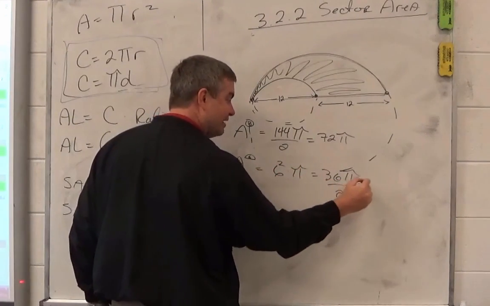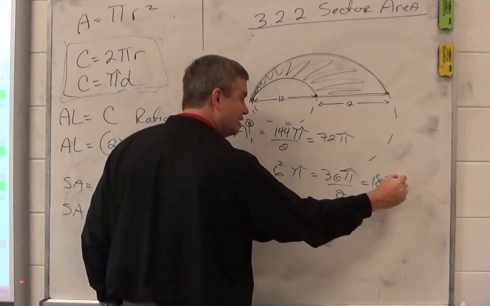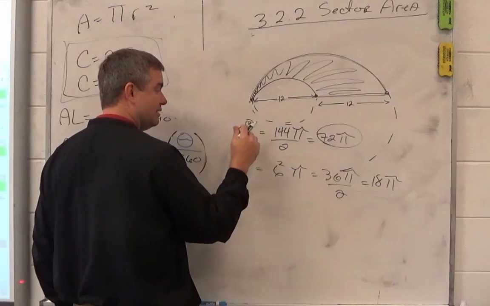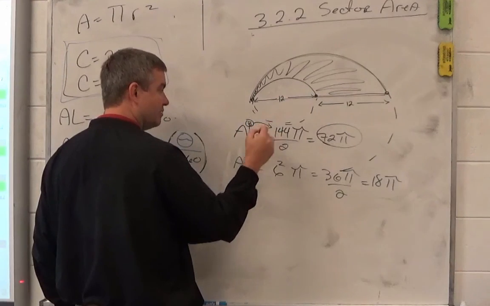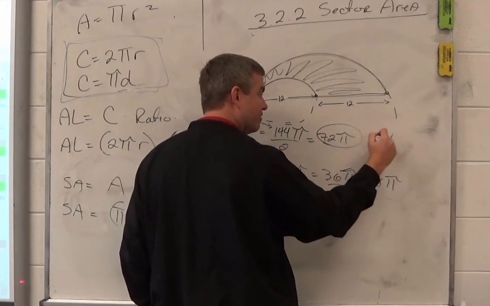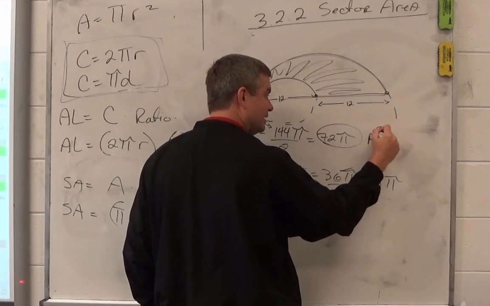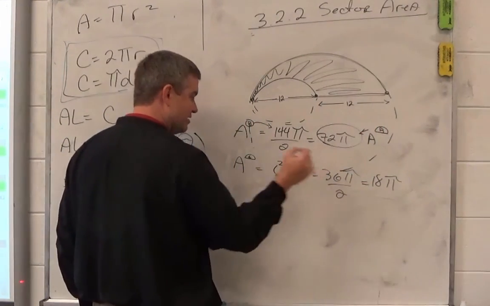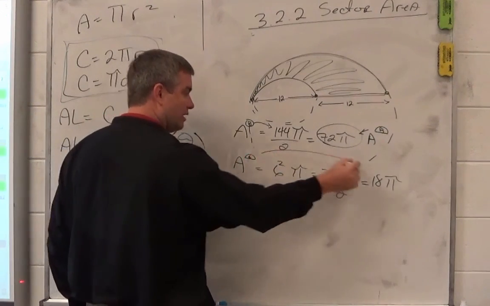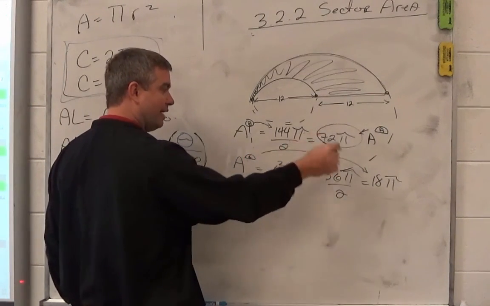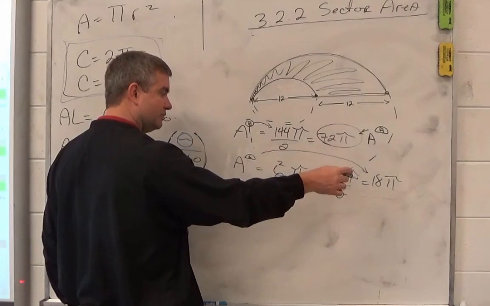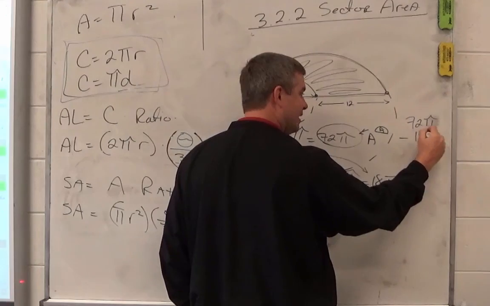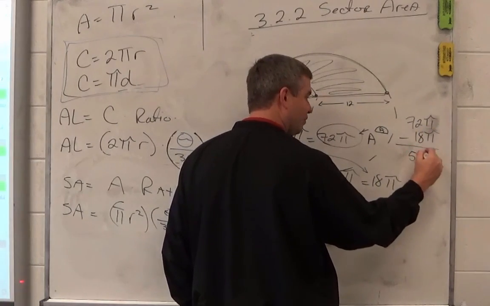So I half it and I get 18 pi. So 72 pi is the area of the big semicircle, and 18 pi is the area of the little semicircle. So what do I need to do with these two figures? Subtract. And 72 pi minus 18 pi is simply 54 pi.